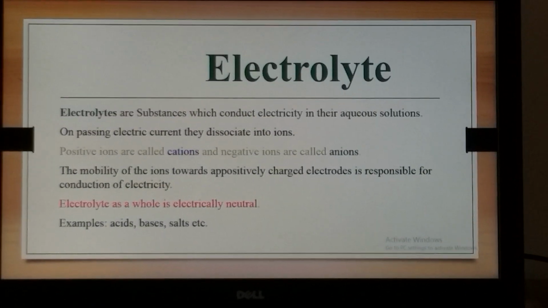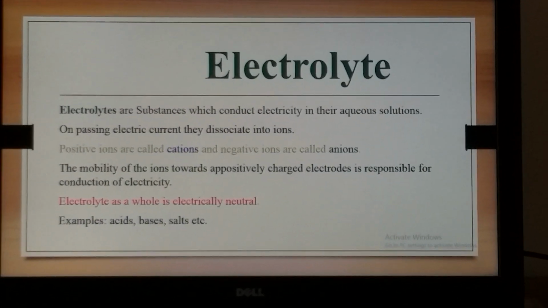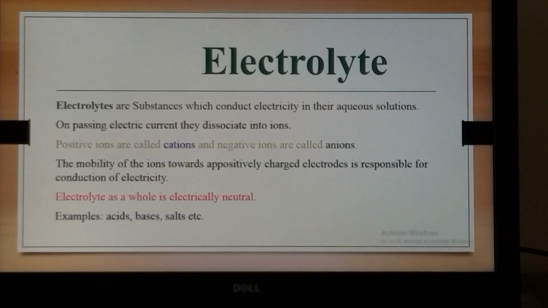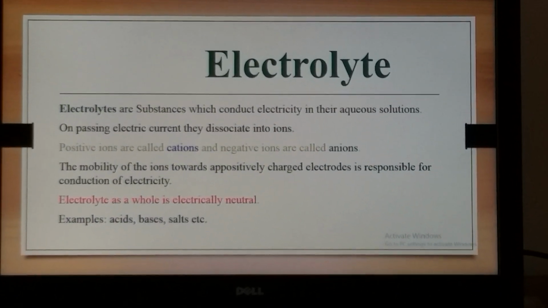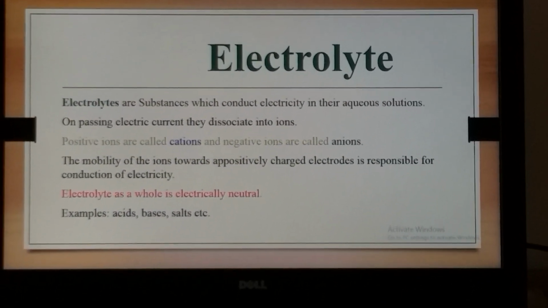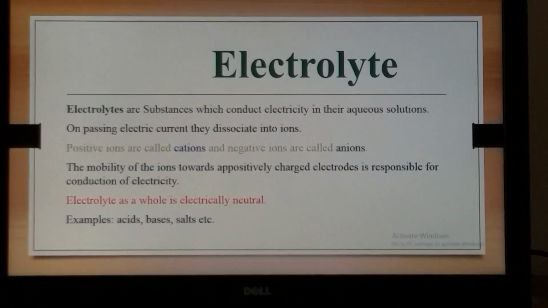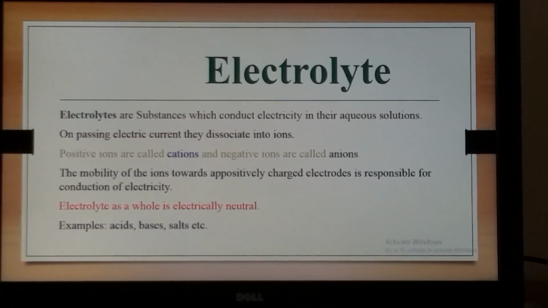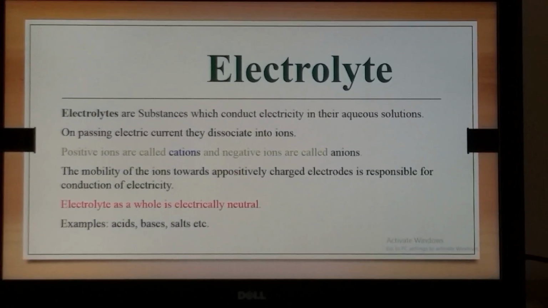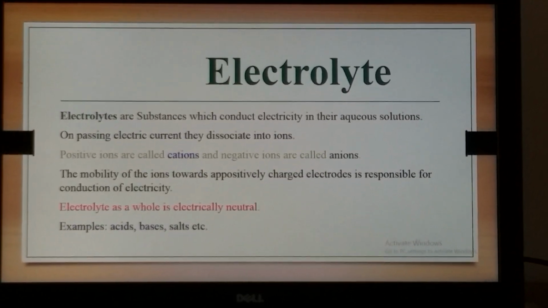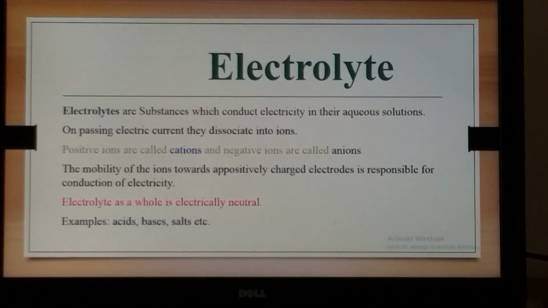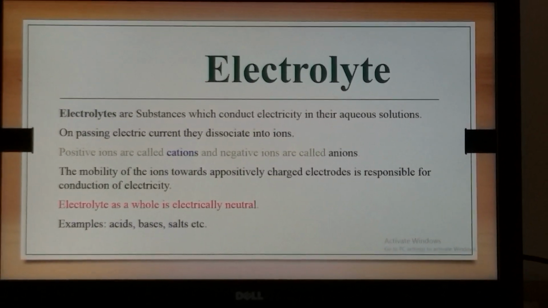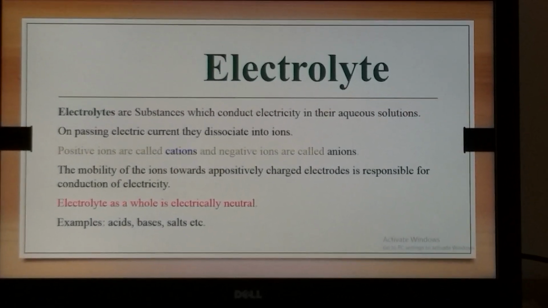The electrolytes are the substances which conduct electricity in their aqueous solutions. On passing the electric current, the electrolytes dissociate into ions. These ions have different charge.